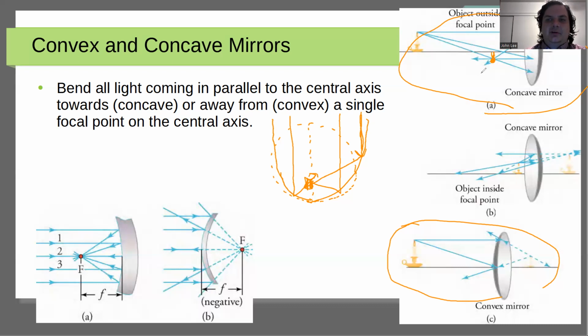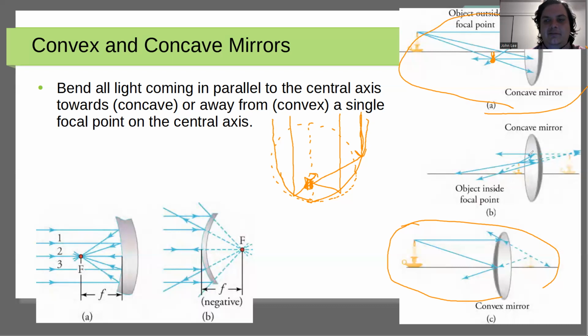So the basic rules are that a concave mirror, if your object is farther away than the focal point, will create a real image that's flipped upside down. If you're closer to the mirror than the focal point is, then it'll create a virtual image, which again is just an image where it looks like it came from behind the mirror, when really none of the light could have passed behind the mirror.